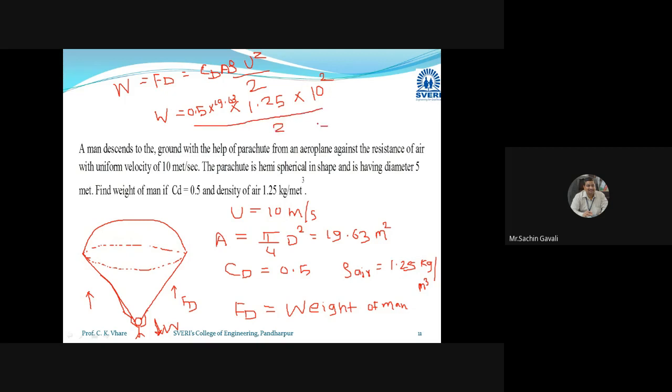What is the weight coming as? Anybody? In Newton.